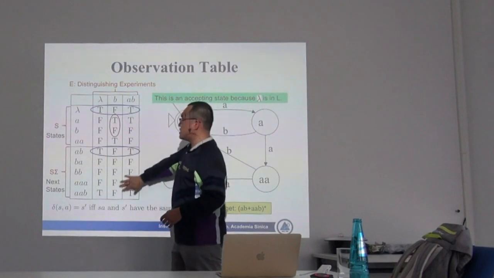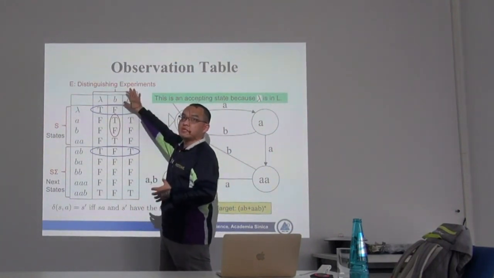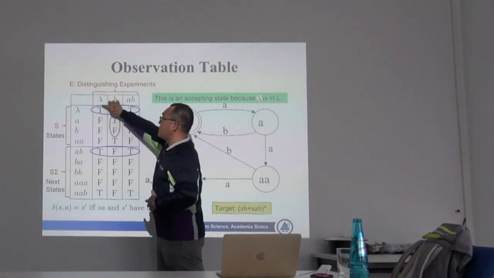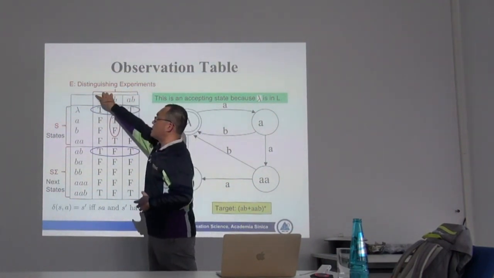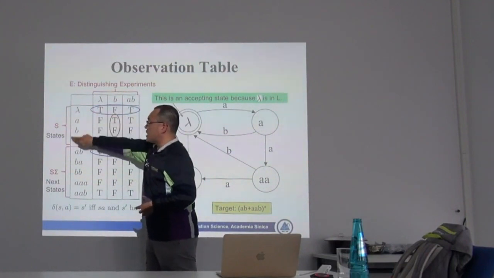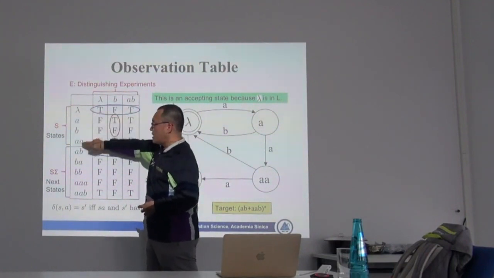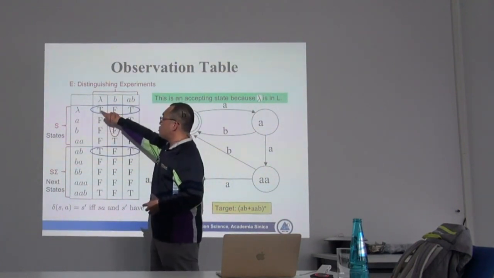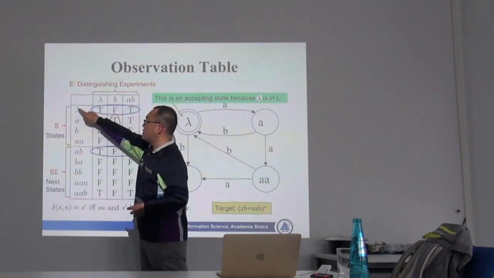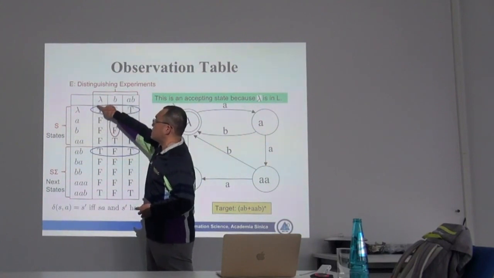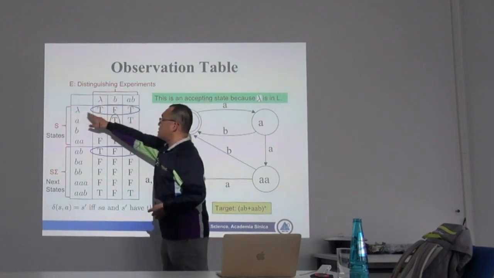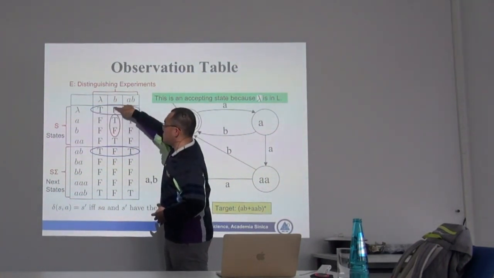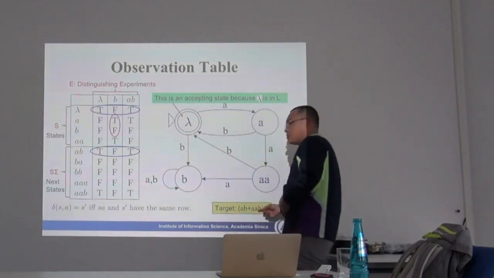This part is the finite set of suffixes discovered by the learning algorithm. These are the states discovered so far, and these are for the next states. We put true in the table if the concatenation of the state with this suffix is in the language. For example, lambda concatenated with b, which is b, is false because b is not in the target regular language.